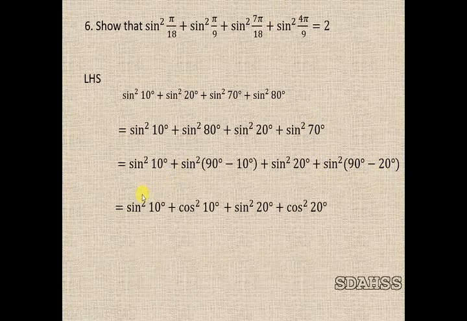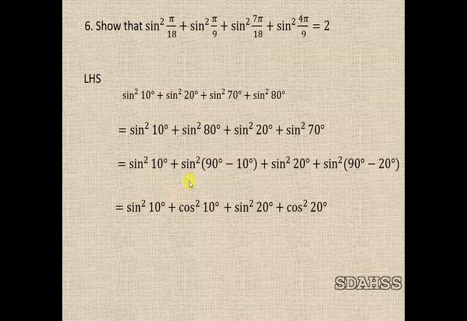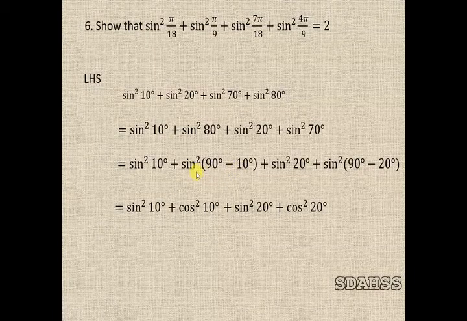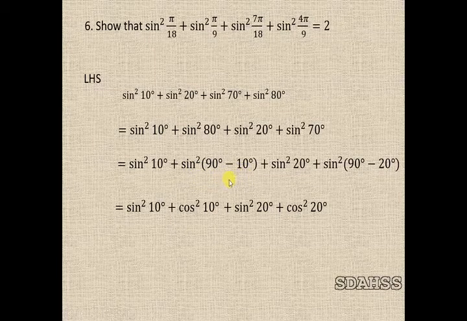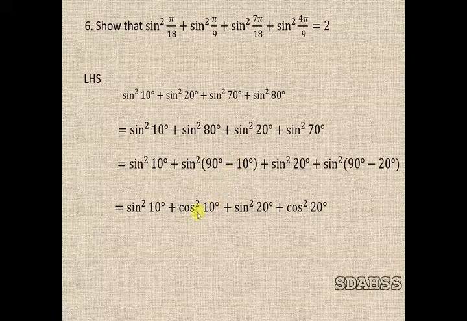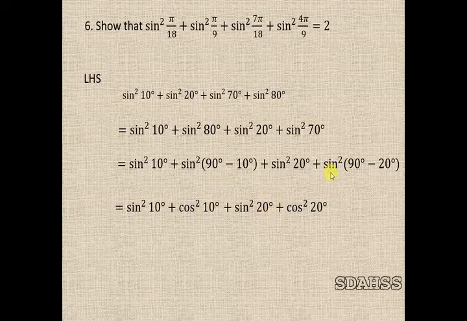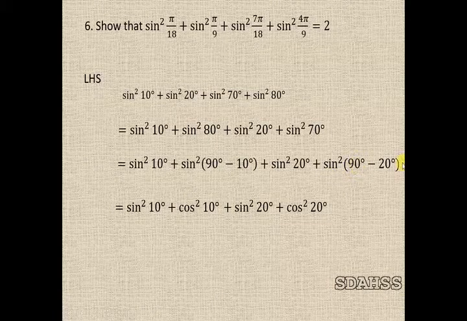This is the form of sine 90 minus theta, and we know that sine 90 minus theta is cos theta. So cos square 10 plus sine square 20 plus similarly cos square 20.